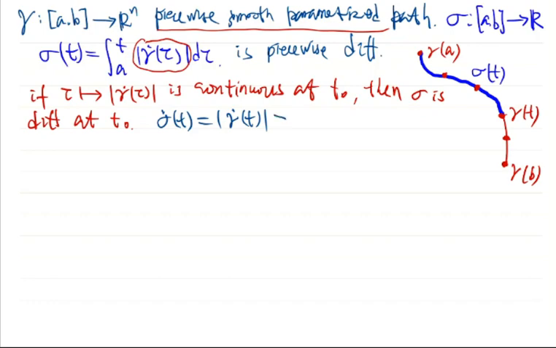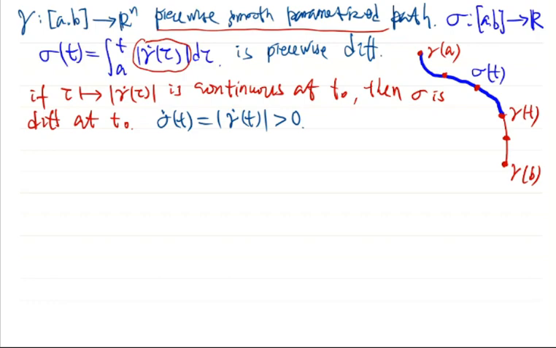So this is positive. In our definition of smooth or piecewise smooth patch, we require that the parametrization has no zero derivative. So gamma dot t, the derivative of gamma at t, is non-zero. Therefore its norm is positive.